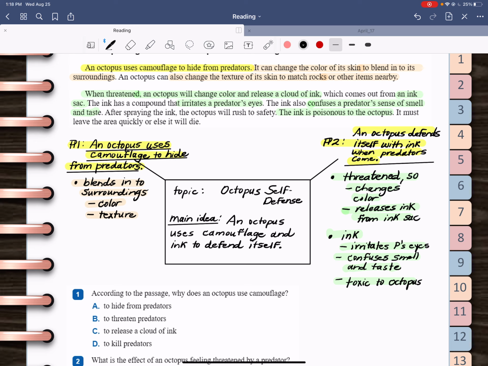And I'm going to make octopus a possessive noun because I want to show you how to do that. These self-defense tactics belong to that octopus, so we're going to put an apostrophe, and because octopus is singular, we're going to put another S. The octopus's self-defense.